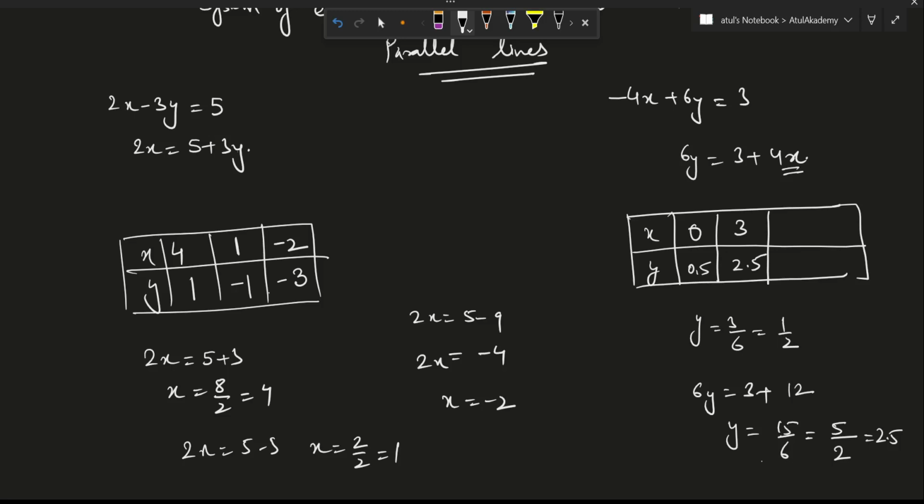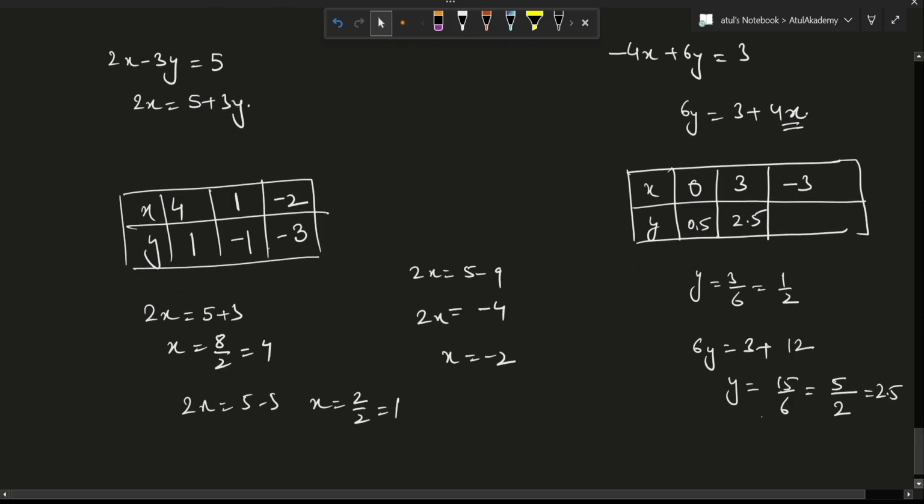Let's keep it minus 3 only. If I keep it as minus 3, what will I get? Let's put the value. Where is the board marker? Gone. Yeah. So 6y equals 3 minus 12, which is how much?